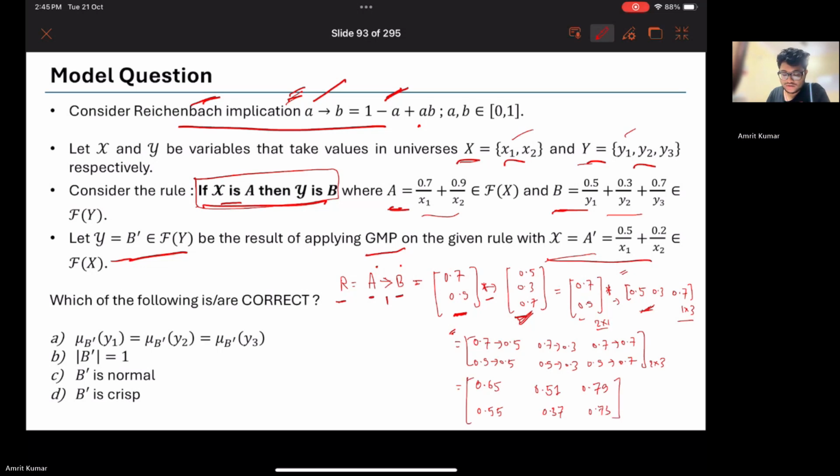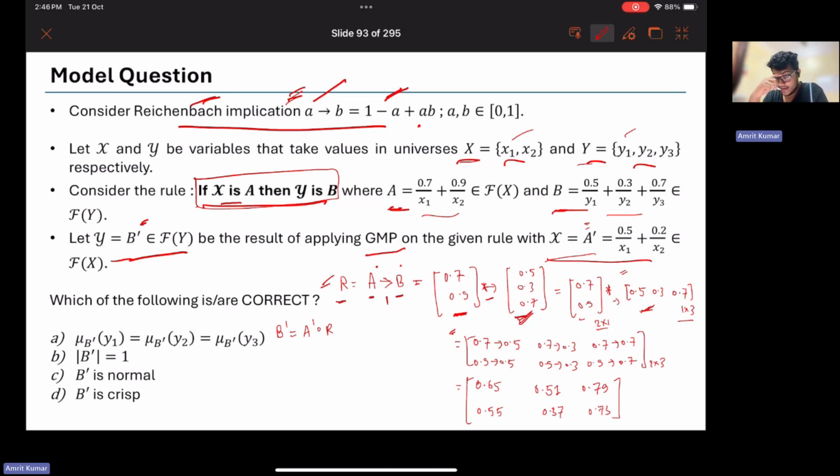Now that you have the relation R, you can compute the output fuzzy set B dash given the input fuzzy set A dash. And this is how that output fuzzy set B dash is defined. It's essentially the composition of fuzzy set A dash with this relation R that we have just computed.